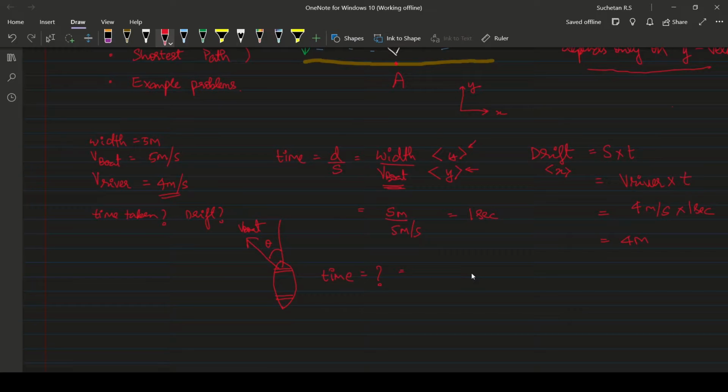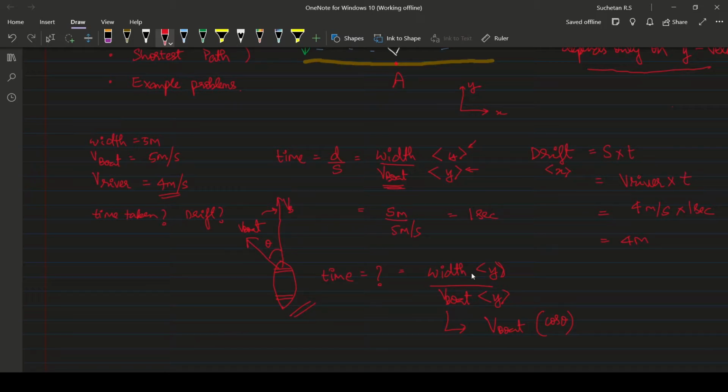It will be width, that is in y direction, divided by the velocity of boat in the y direction. Now velocity of boat in the y direction in this case is velocity of boat into cos theta. Can you think why is that? Because when you do cos theta, you are essentially taking this component.